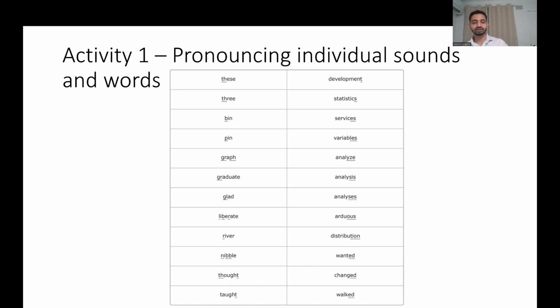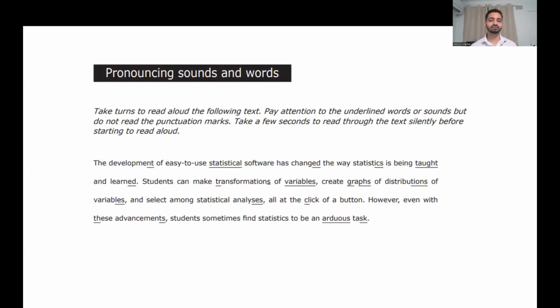Okay, we'll keep moving. The next thing we're going to talk about: I want you to pause again and try to read this paragraph one time. We're going to be using this paragraph for exercises, and we will learn about intonation and stress using it. But I really want you to learn the pronunciation of these words.